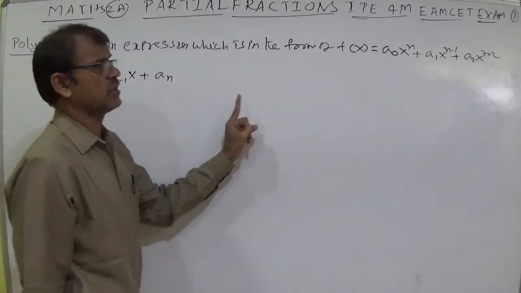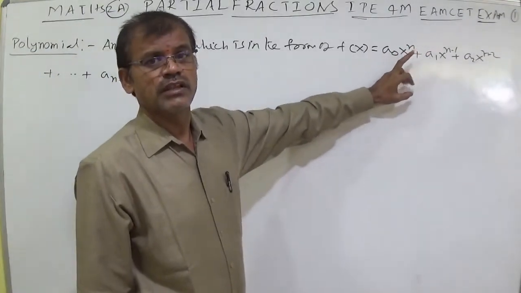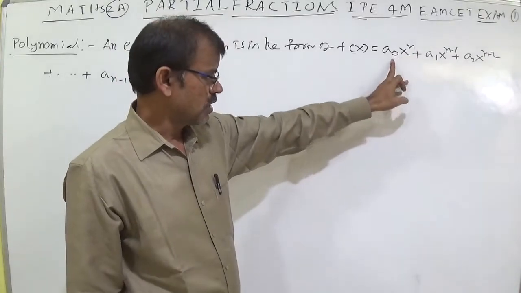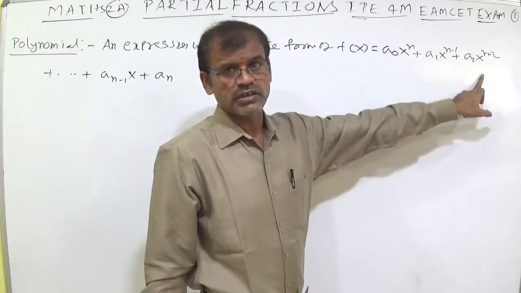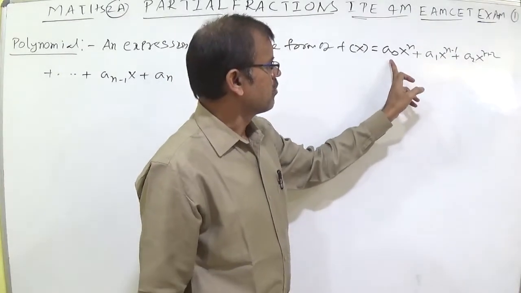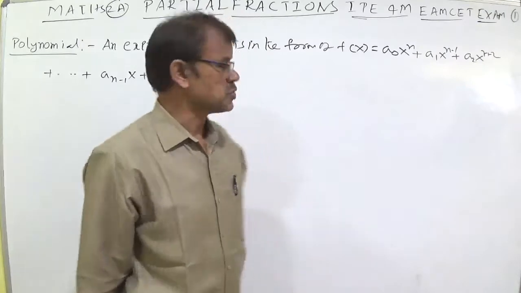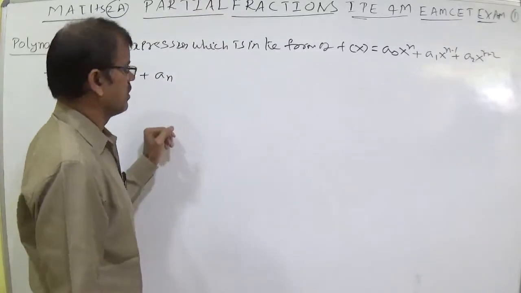Try to understand that here the power of x is reducing and the constant coefficient index is increasing. A naught x power n, then a1 x power n minus 1, like that it is reducing, and the coefficients are numbered 0, 1, 2, 3, like that, so on until an, as I have written here.